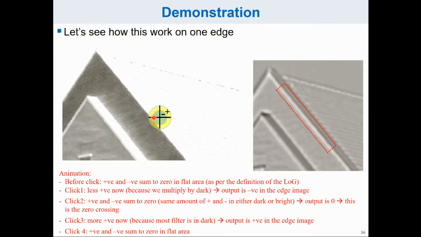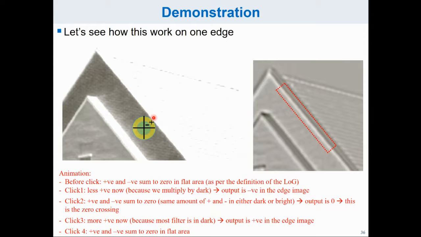And then as it moves over here, the positive and the negative areas of the Laplacian of Gaussian are basically the same again, so its output is 0, and that's the zero crossing that we were looking for. And then if we go over here again, that becomes positive in the edge image, and then if I go over here, that becomes 0.